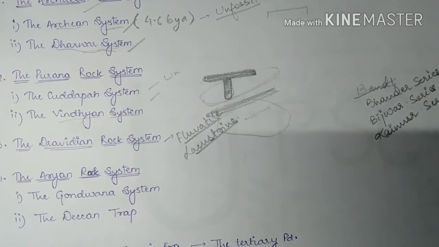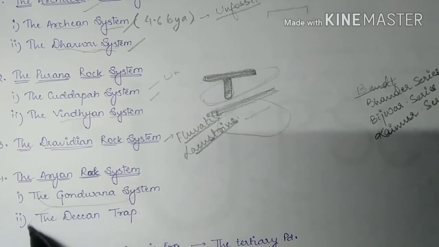At this period of time, the fishes and reptiles were responsible for the formation of fossils. Now, 98% of the coal that is found, is found from these Gondwana rocks, and these rocks are found in Bihar, Jharkhand, Madhya Pradesh, Chhattisgarh, Andhra Pradesh, and Maharashtra.